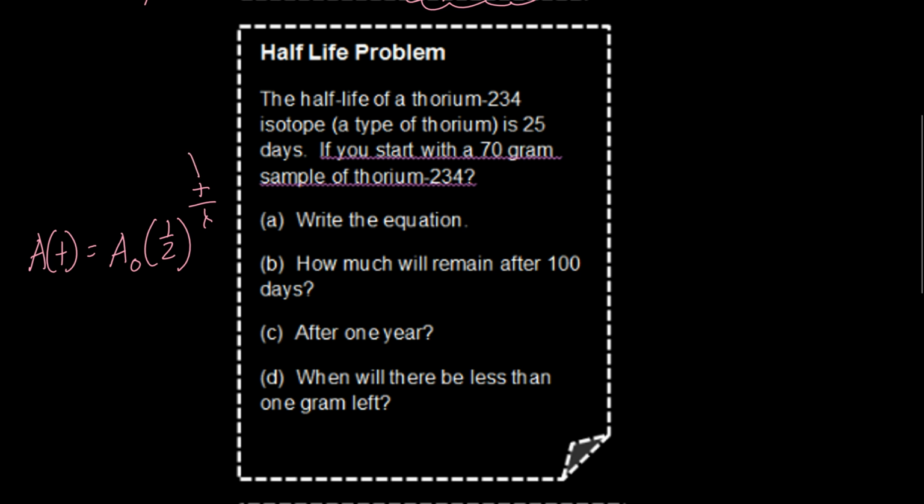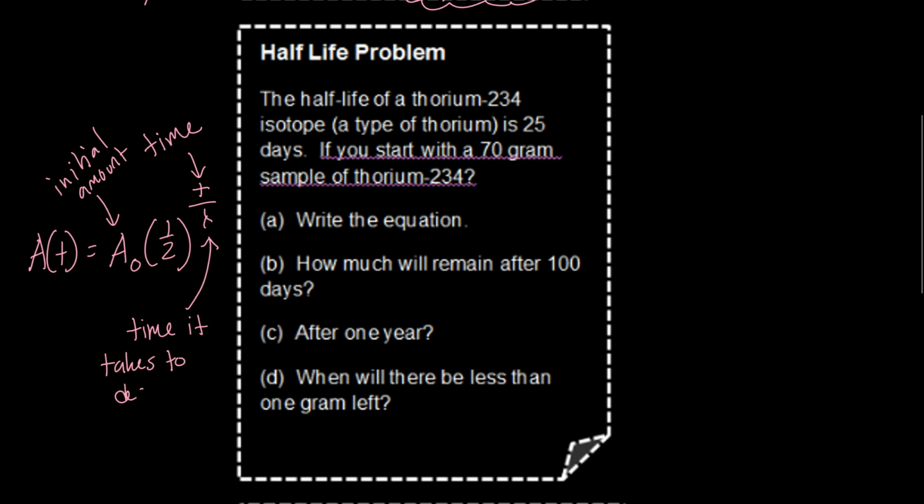T is our time. A sub 0 is our initial amount. And lambda is the time it takes to decay in half.